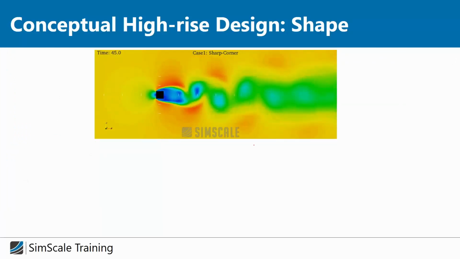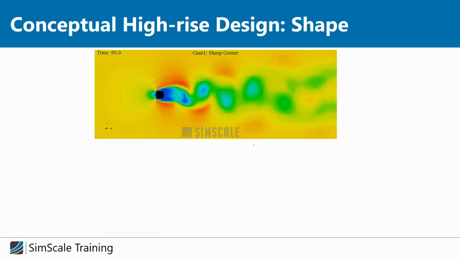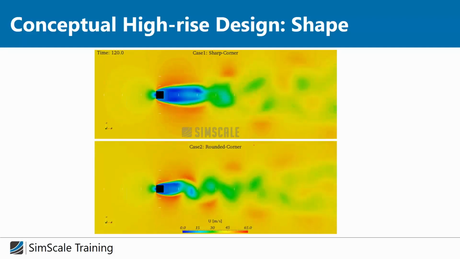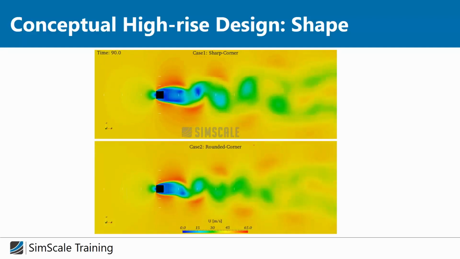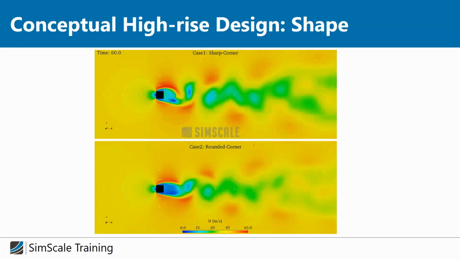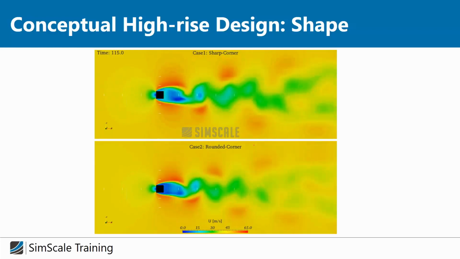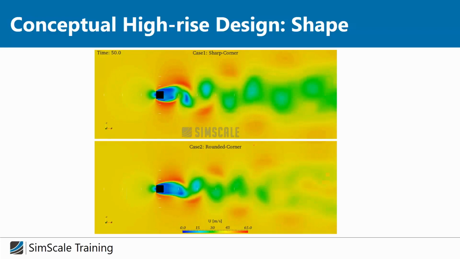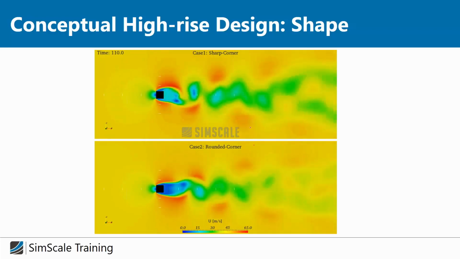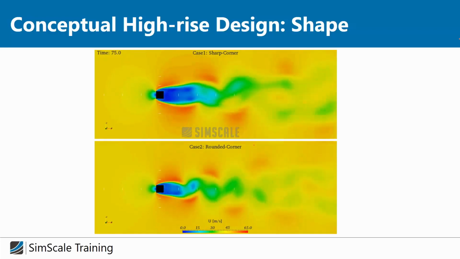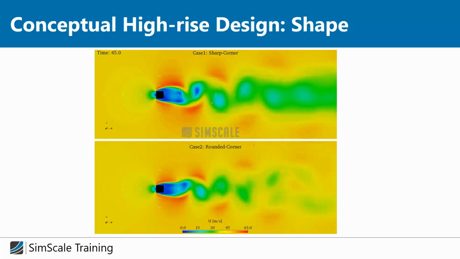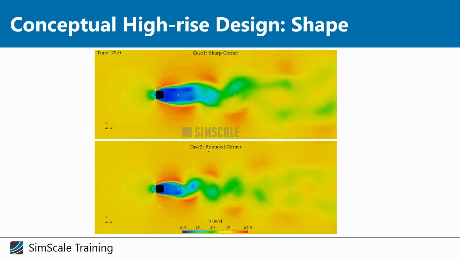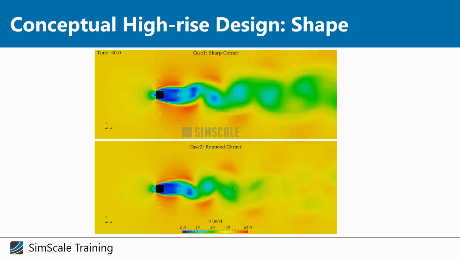So here you can see the initial design, and below you can see the round corner case. At first view it looks exactly the same, but if you take a deeper look you will see that, for example, these deep blue areas are much smaller for the rounded corner case than for the sharp corner case.